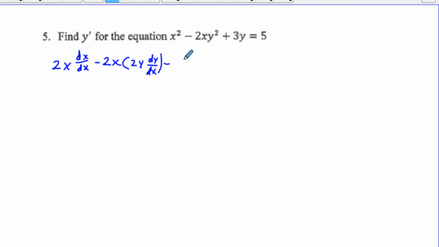And also minus 2y squared times the derivative of x, which is going to be dx dx, plus 3, the derivative of 3y, so it would be 3 dy dx, and the derivative of the right side, 5, what's the derivative of that? 0.